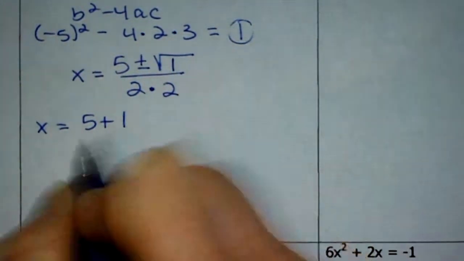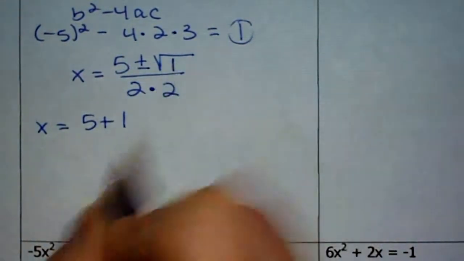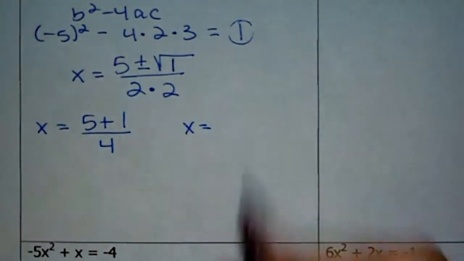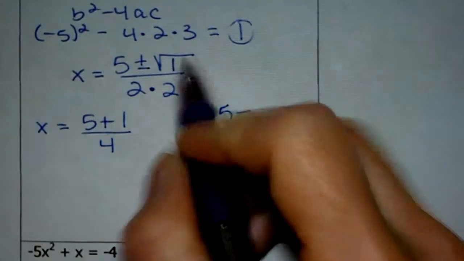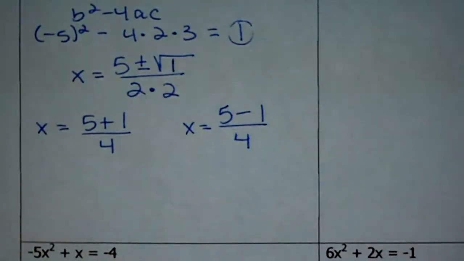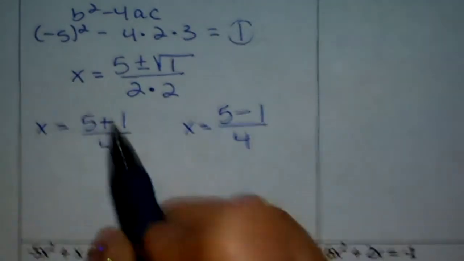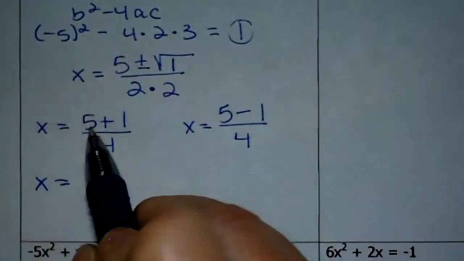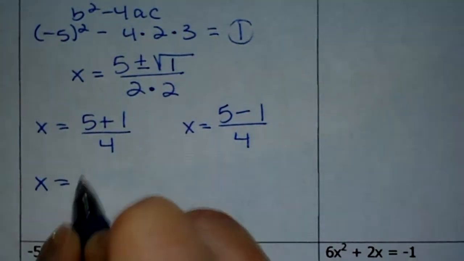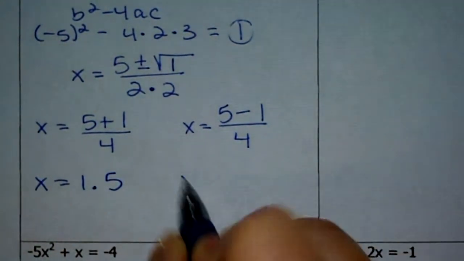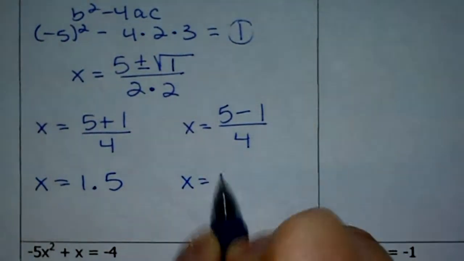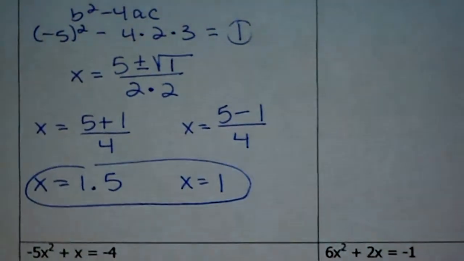So now all that's left to figure out our answers is to simplify this. 5 plus 1 is 6. 6 divided by 4 is 1.5. There's one answer. 5 minus 1 is 4. 4 divided by 4 is 1. That's my other answer.